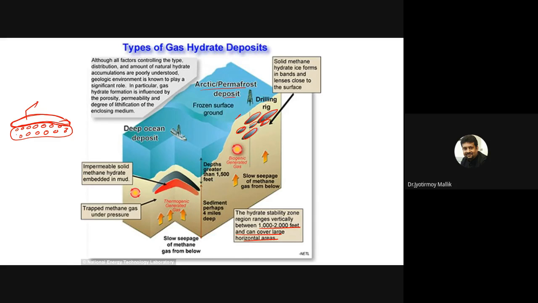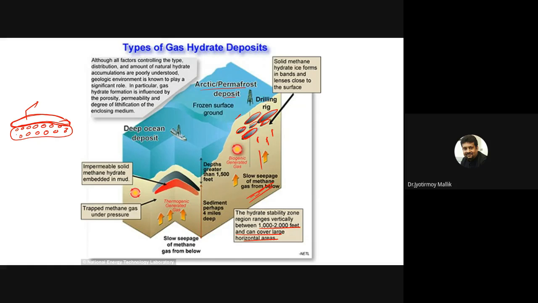So how does this methane come? The methane is essentially not produced here. The methane is produced in a source rock, like a typical hydrocarbon source rock. So for example, I have a shale here that will actually expel hydrocarbon, but the hydrocarbon will slowly seep through the media and then get trapped within this ice.